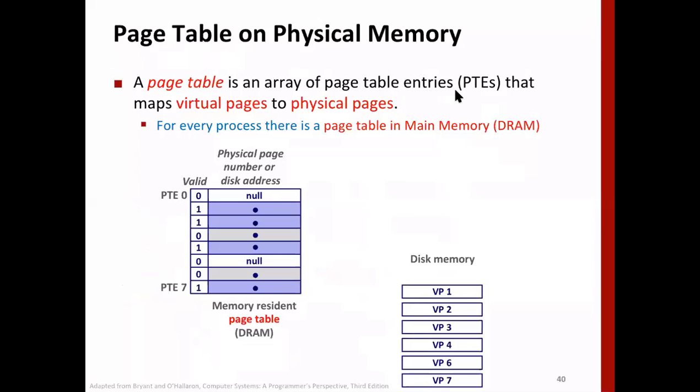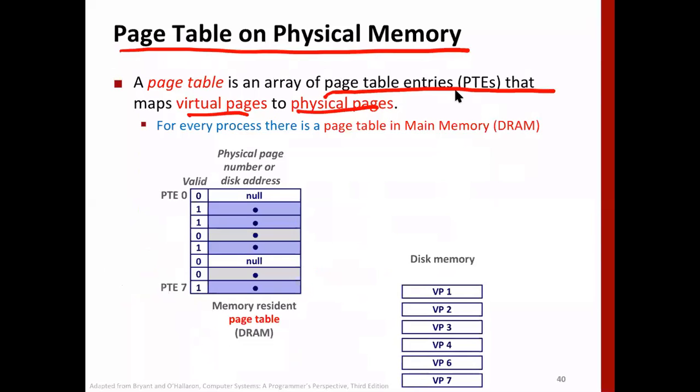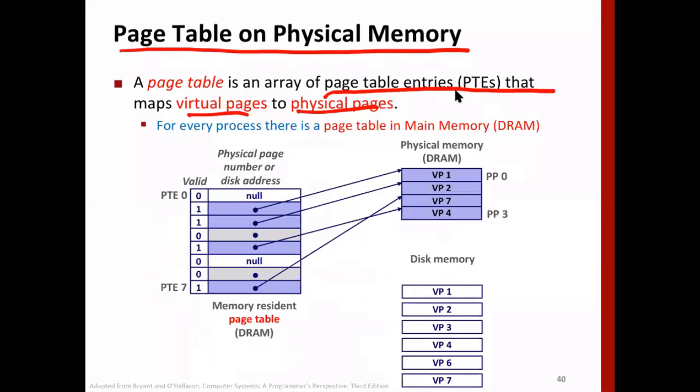So this is the physical memory. Now we assume that the page table is in physical memory. The entries of the page table we call PTEs, page table entries, and they map virtual pages to physical pages. We have already studied that, right? Now we have 3 kinds of entries in this page table. First is null, which means these are not allocated and not using anything.